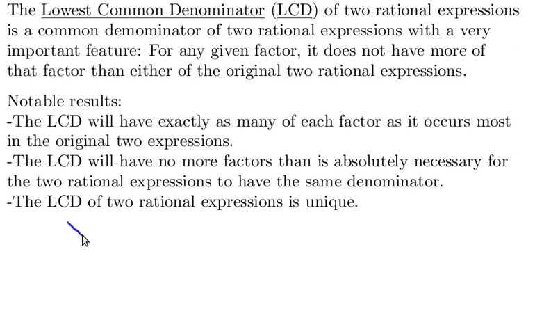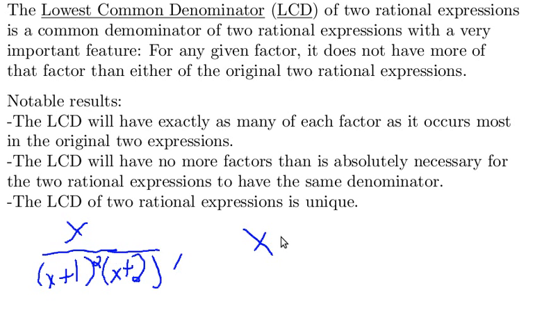So if we have x over x plus 1 squared over x plus 2, and x squared over x plus 1, the lowest common denominator will have exactly as many of each factor.